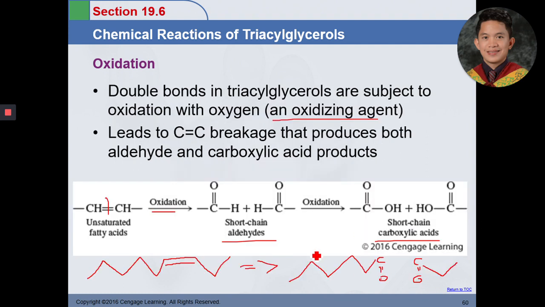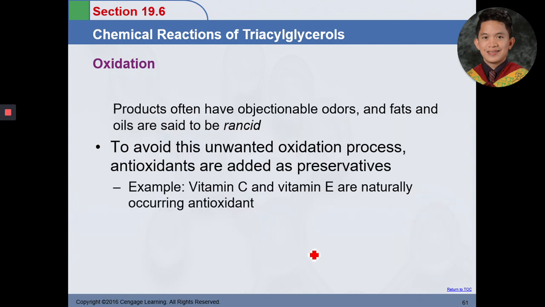So fats and oils that are subject to oxidation are said to be rancid. That is, they possess objectionable or not very pleasant odors, tastes and appearance. That happens as a product of oxidation.